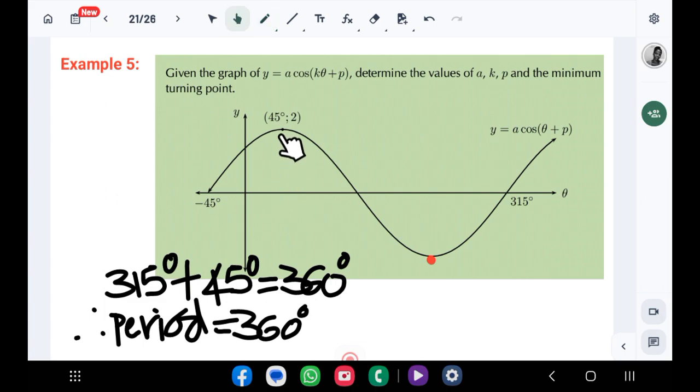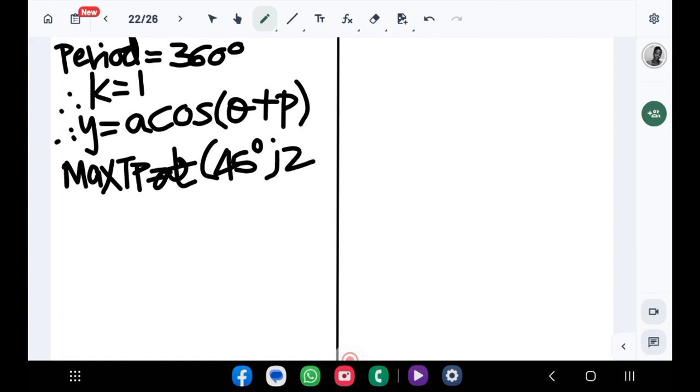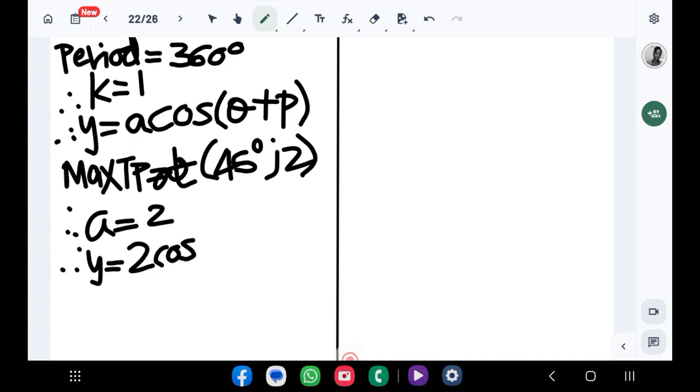Now notice that your maximum turning point is at 45 degrees and 2. Meaning that therefore your A is equal to 2. Therefore, y equals 2 cos of theta plus P.